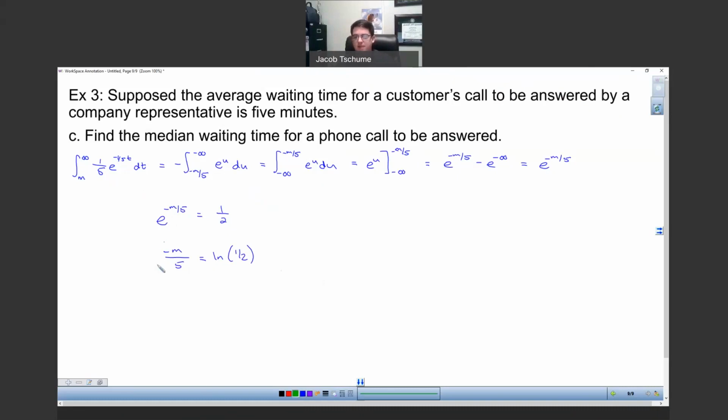I am going to multiply both sides by negative 5, which will allow me to say that m is equal to negative 5 times the natural log of 1/2, which is the exact answer of the median, and that would be approximately 3.47 minutes. So while the averages claim to be 5 minutes, this actually shows you that they're kind of overdoing their average. The median actually is 3.47, so half of the customers' calls are actually answered in less than 5 minutes by a long shot.